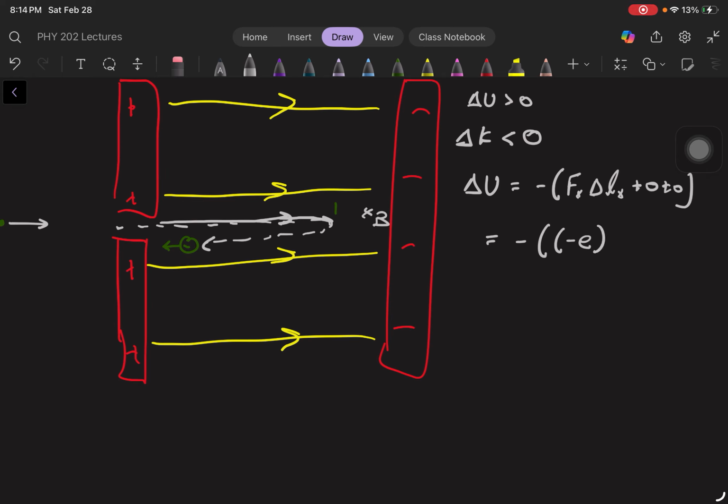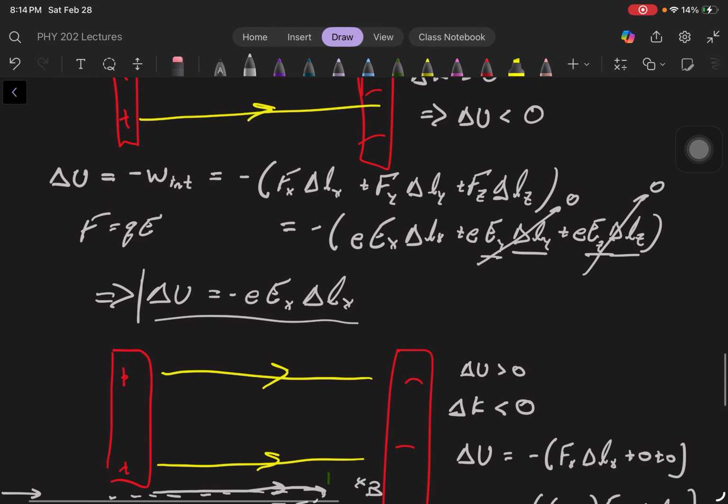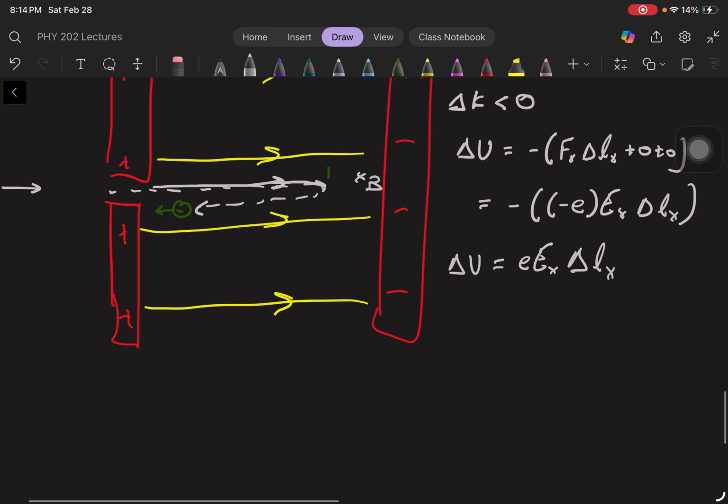Q E sub x delta Lx. All right, we have a negative times a negative, and so we get delta U is equal to E sub x delta Lx. All right, and so there we go. I'm going to put boxes around these because I think they're about to be interesting in a second.